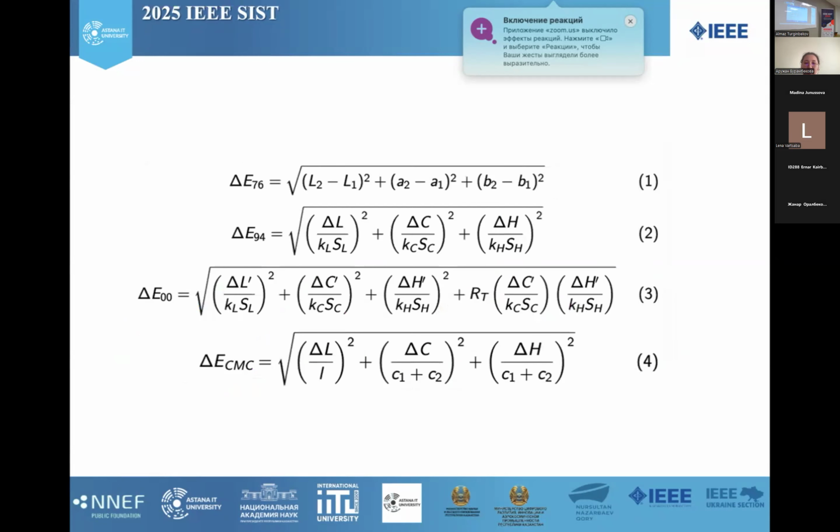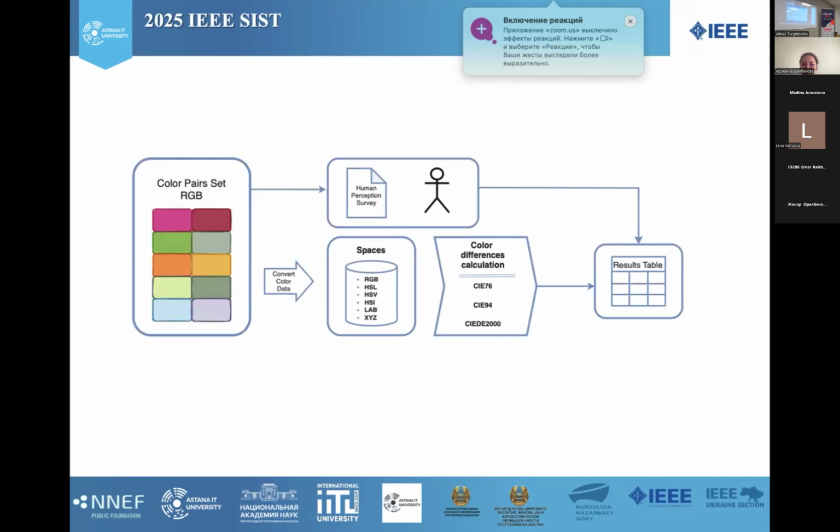So actually, we used some standard color difference formulas. These are examples of them. So the methodology of our work combined human evaluation.